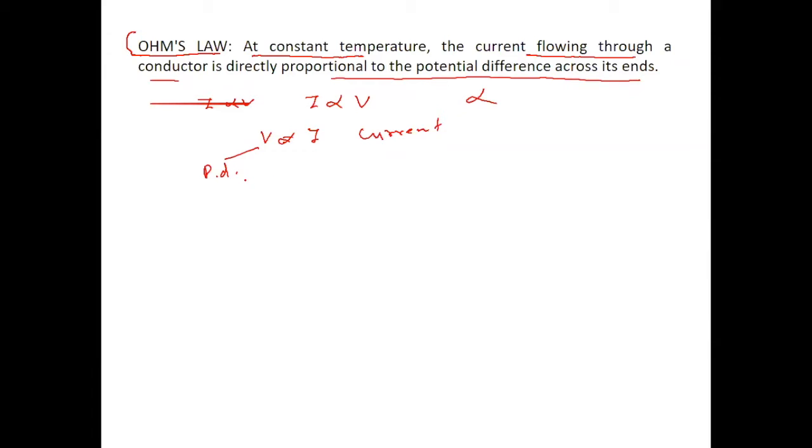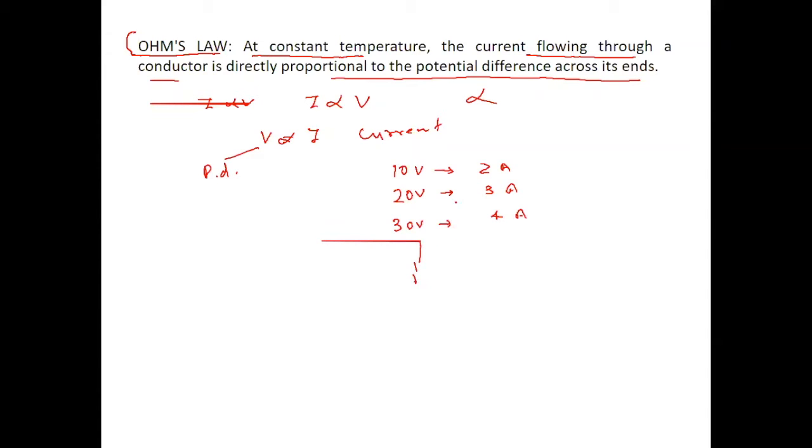Now, what happened? Suppose you increase 10 volt, then the current increases by 2 ampere. Then you increase 20 volt, then current is 3 ampere. Then 30 volt, then 4 ampere, and so on.